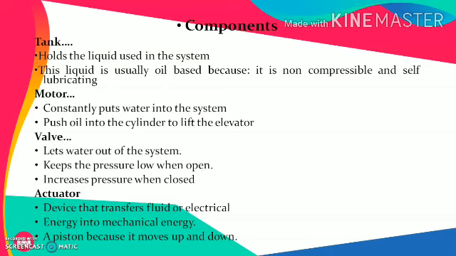Valves are used to let the oil out of the system when the pressure is released, keep the pressure low when open, and increase the pressure when closed. The actuator is a device that transfers fluid or electrical energy into mechanical energy. A piston moves because of this actuator in an upward or downward direction.